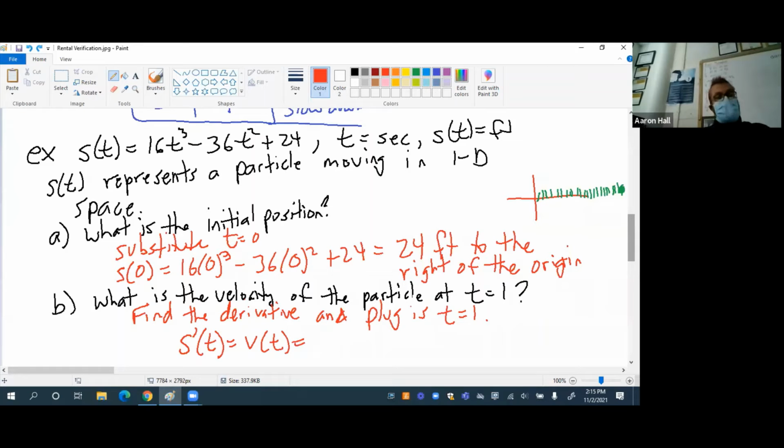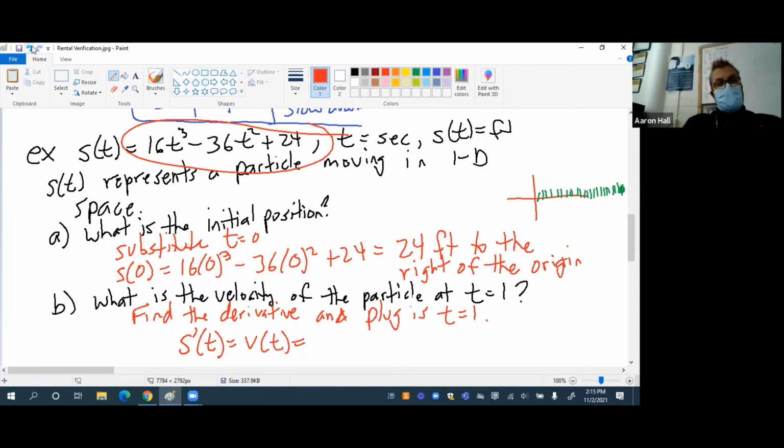Kyle, what is the derivative of this position function? Can we just use the power rule? What does the power rule say to do? What is the power rule, Kyle, for this first piece?